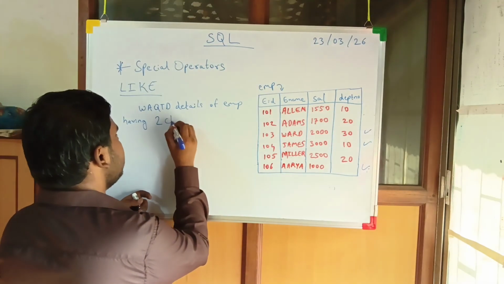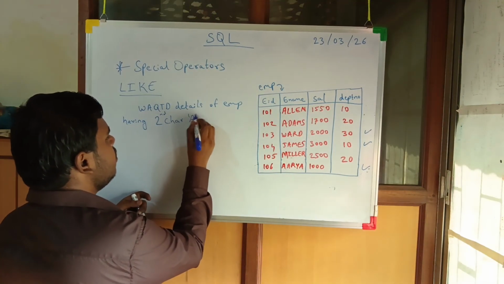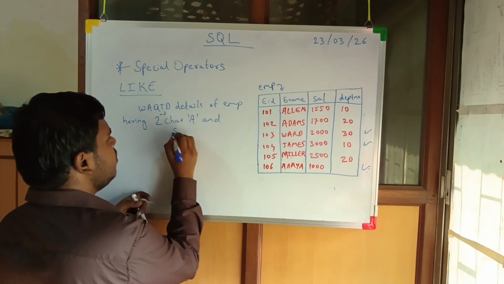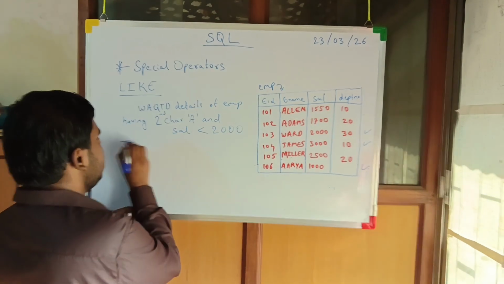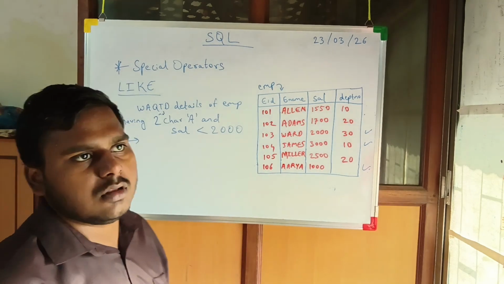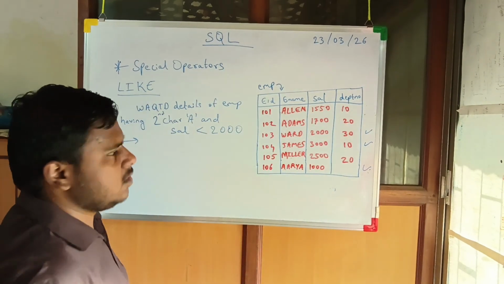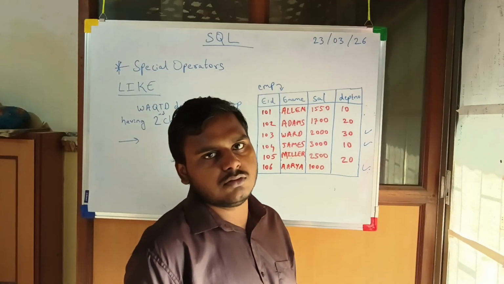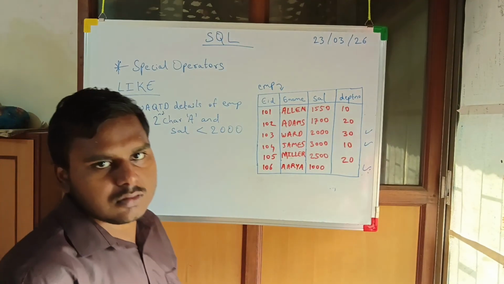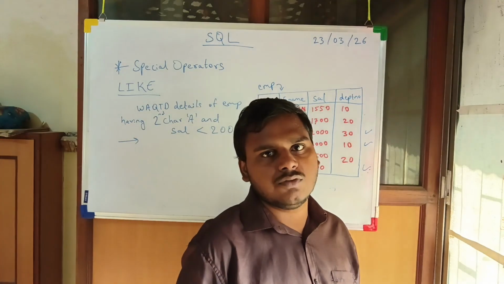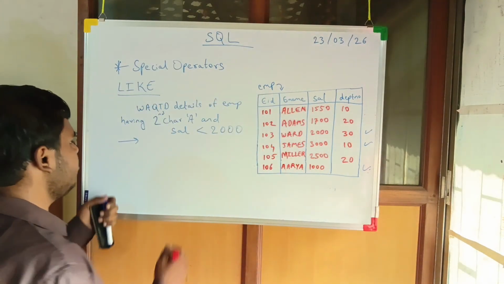Having second character A and salary less than 2000. This is the query. Now you need to solve this question. I want the details of employees whose second character is A and salary is less than 2000. How will you write it? If you are able to write the query by now, that means you have understood at least 30% or 40%, because it's not a tough question.